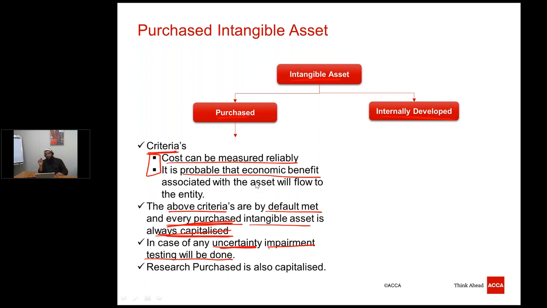IAS 36 is going to decide what possibilities of usefulness there are for the pen. It will calculate its value in use, that is, if we use it, what the benefit will be, and if we sell it, what the benefit will be, which is higher, and what the loss should be. All these tasks will be done by IAS 36, not by IAS 38.